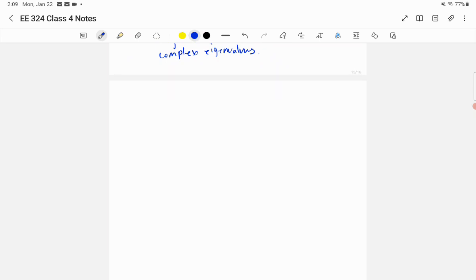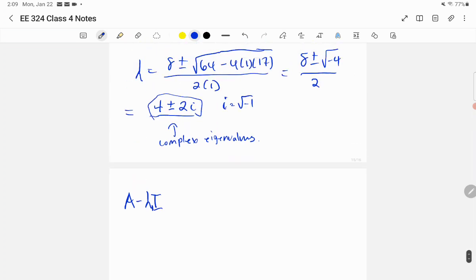So when we're going through and finding the eigenvectors, we have to do A minus lambda I. Let's call lambda 1 equal to 4 plus i, and lambda 2 equal to 4 minus i.